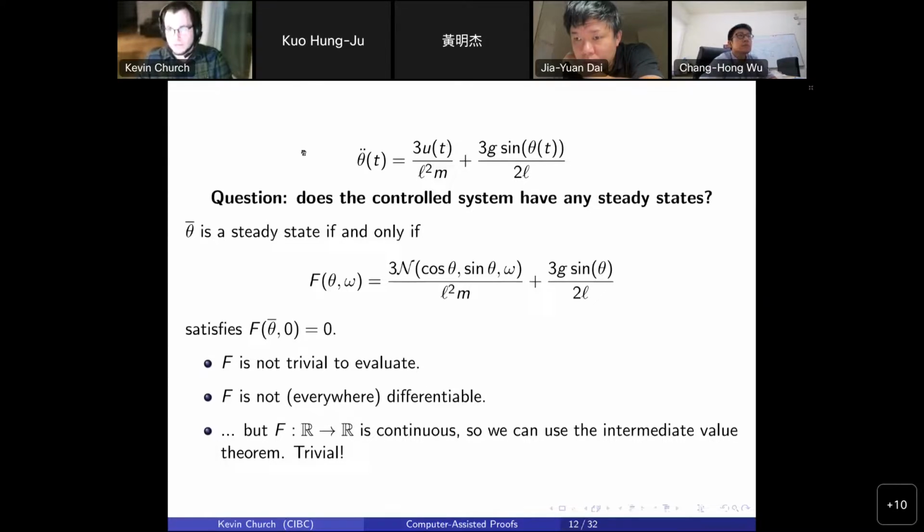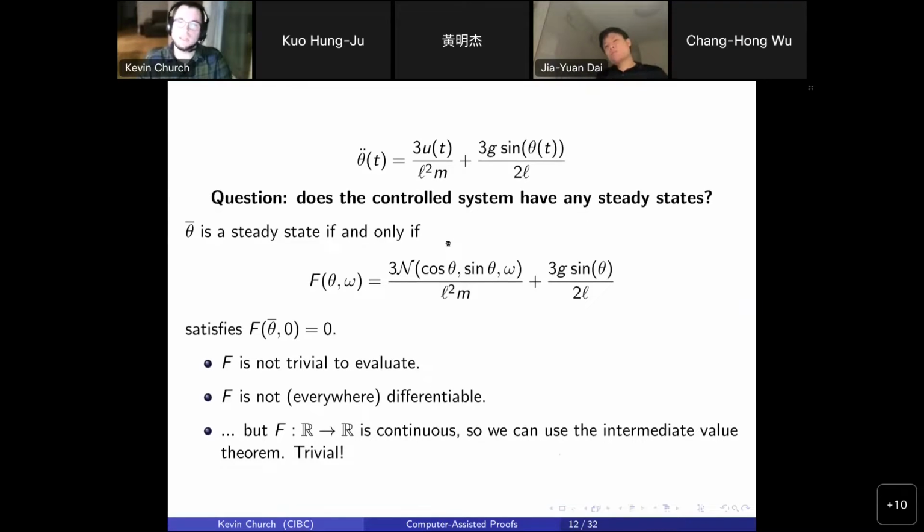Since our controller does use the derivative of theta, which is the angular velocity, we may as well assign it a symbol and call it omega. So if we have a steady state, then we can define this nonlinear map f of two variables, the angle theta and the angular velocity omega. A steady state is one for which f of the angle with 0 angular velocity is equal to 0. So this reduces to a scalar function of one variable mapping real to real.